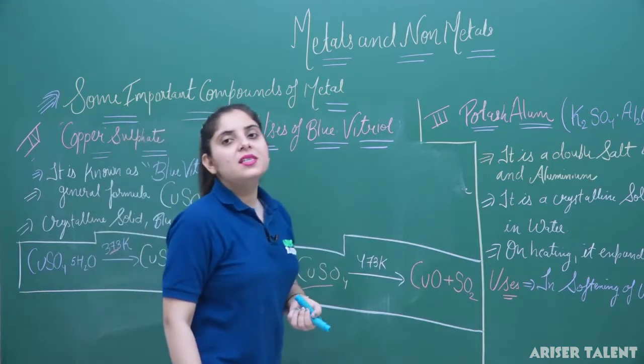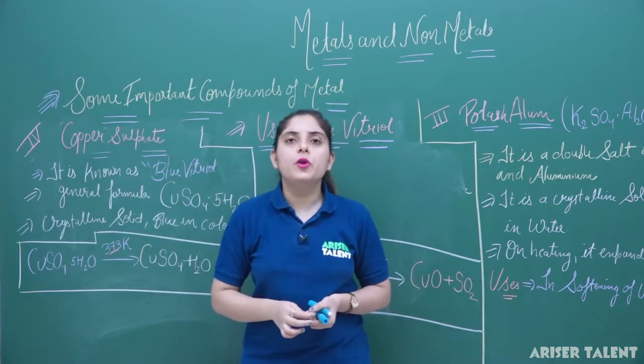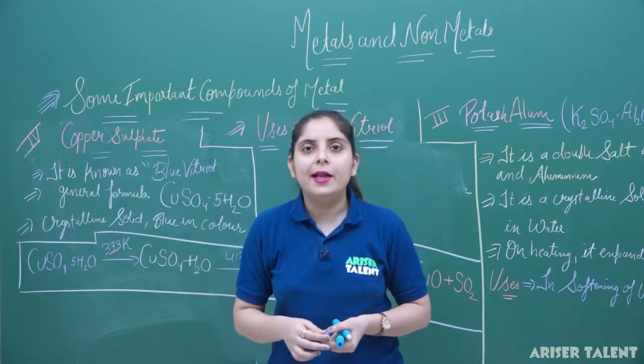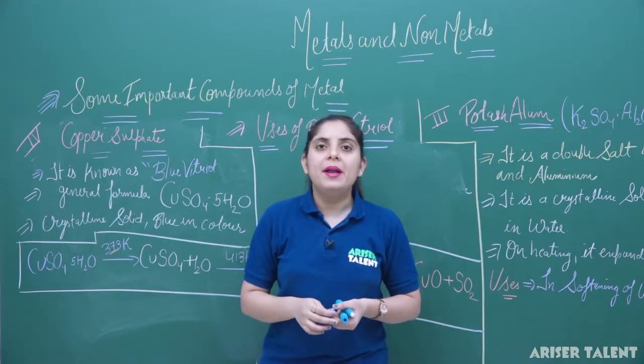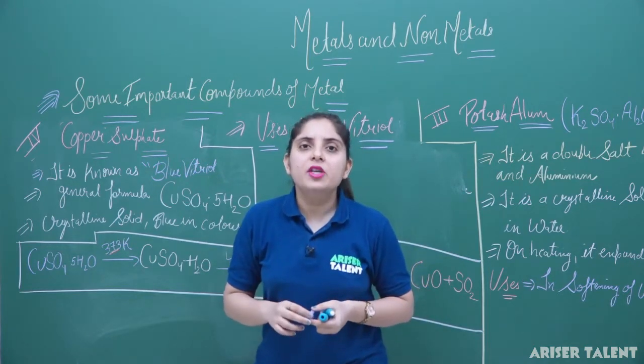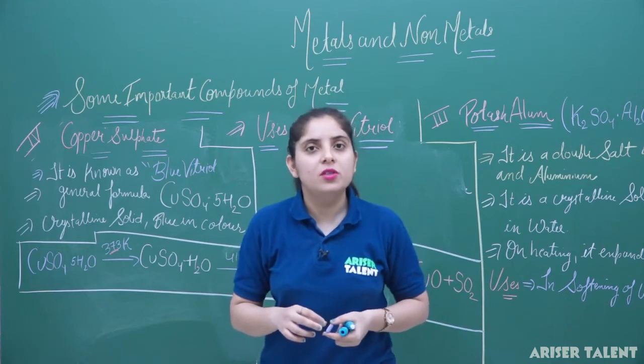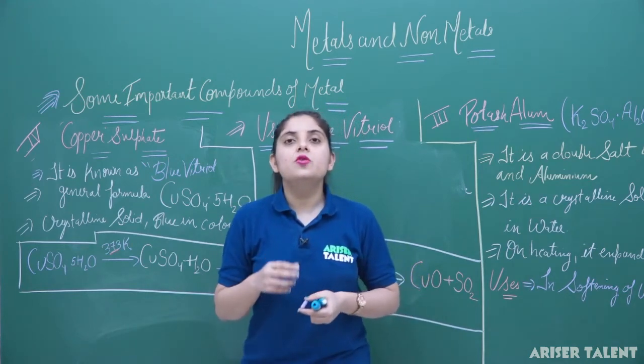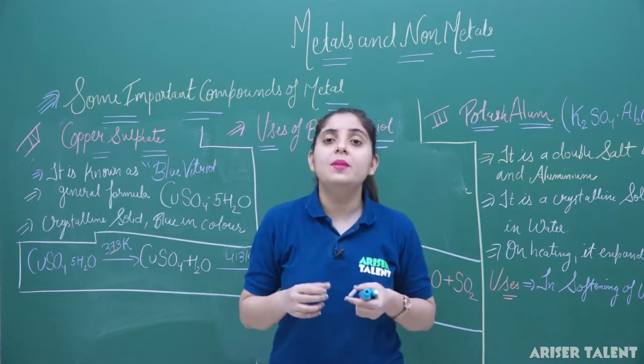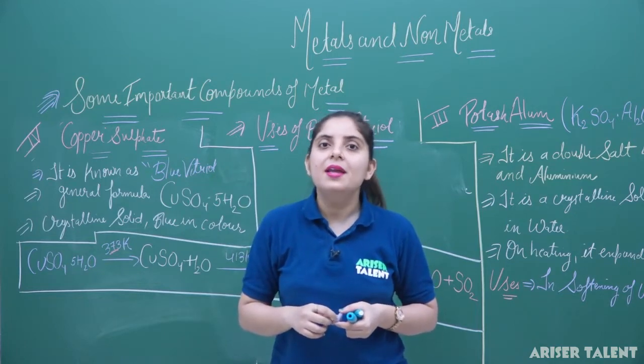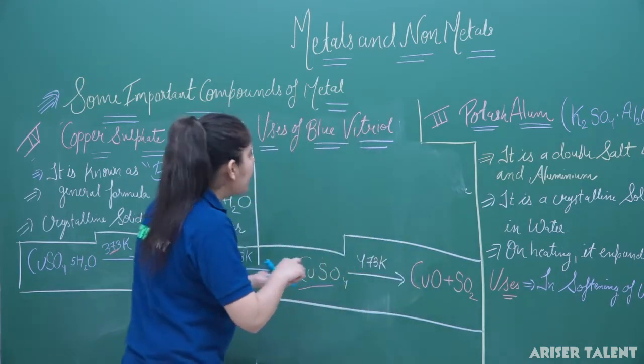The first and foremost use of blue vitriol is that it is used in electroplating, and it is used in batteries. A Bordeaux mixture, a mixture of copper sulphate and lime, is used as a fungicide. Next, it is used for the preservation of wood, and sometimes it is also used as a laboratory reagent. So, some of the general applications are as follows.